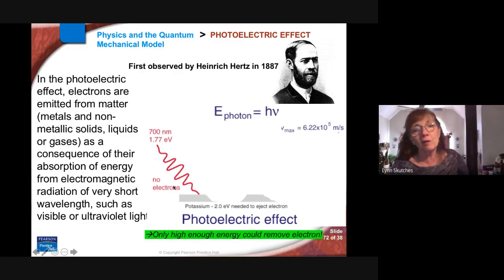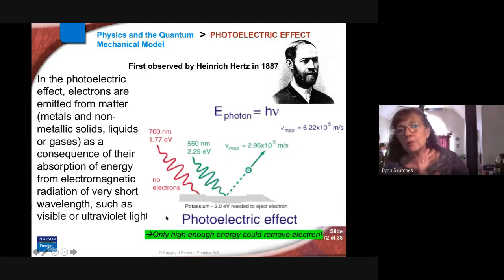And it's not enough energy to knock any electrons off. Of course, at this time, they didn't call them electrons. They hadn't even discovered them. That was what Thomson did, remember that. On the other hand, if he hit it with a shorter wavelength of light, green light, something came flying off at a pretty good clip.